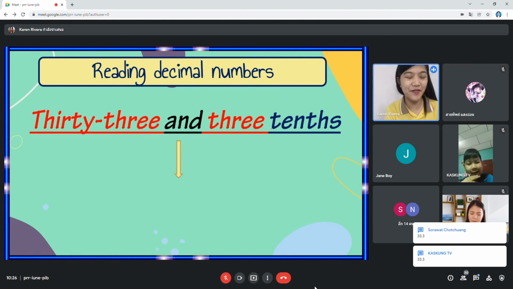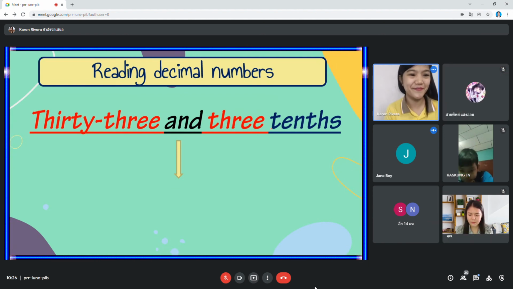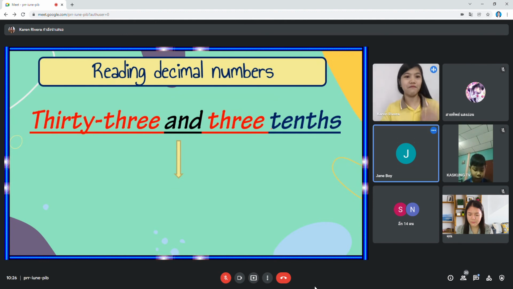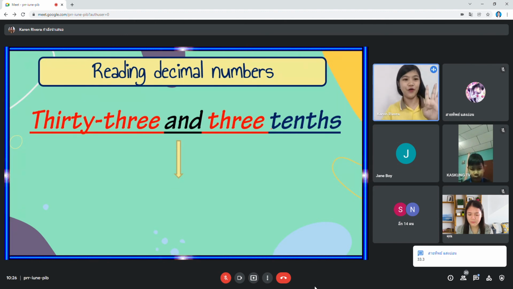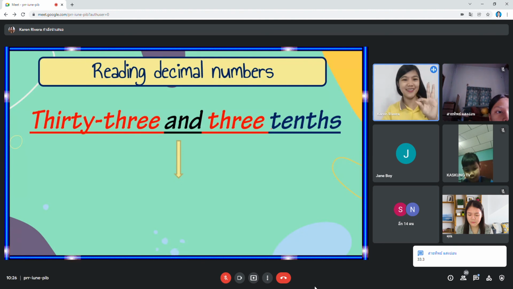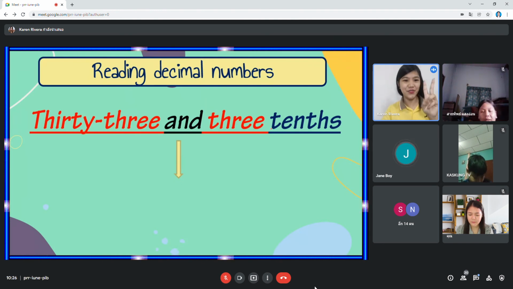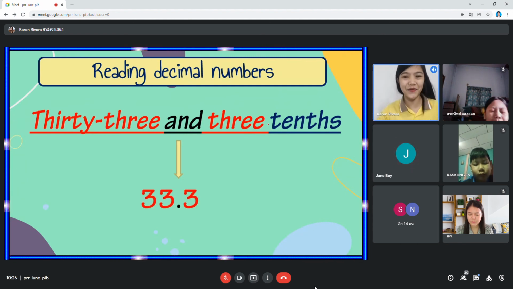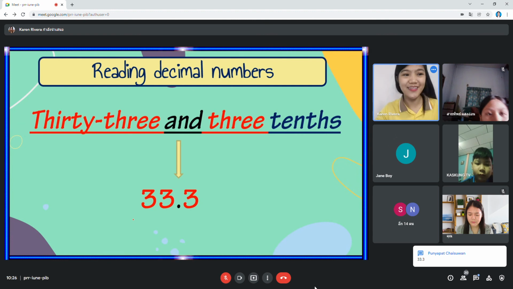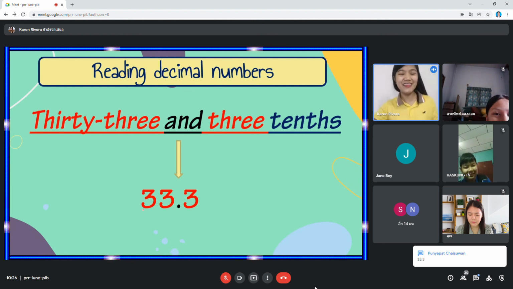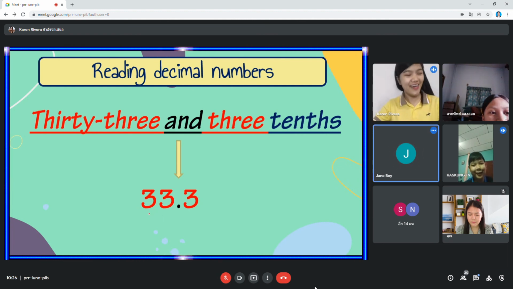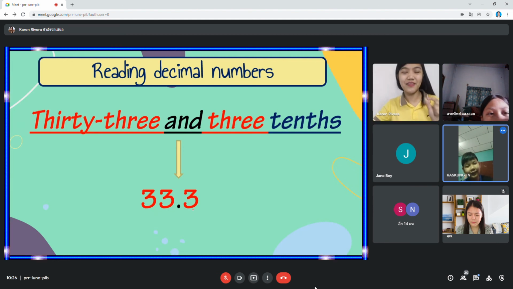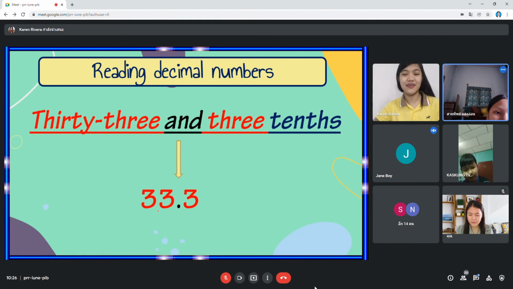Let's see if you're all correct. 5, 4, 3, 2, 1, go. What is the answer? Can you read it? Anotay, correct. 33 and 3/10. Is this easy?